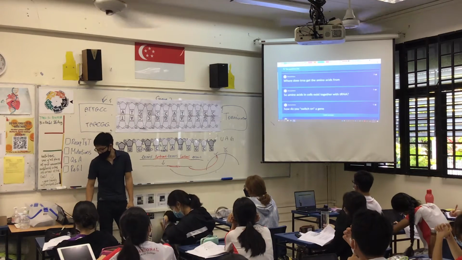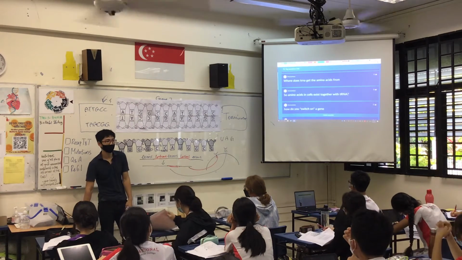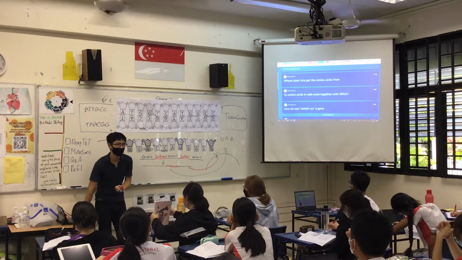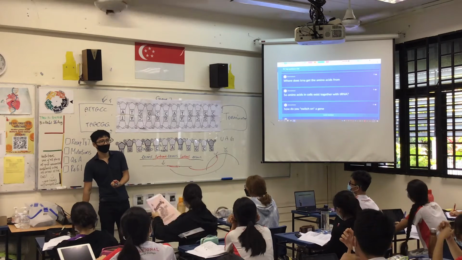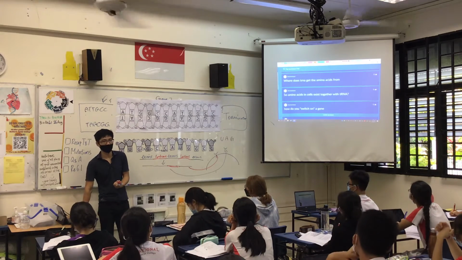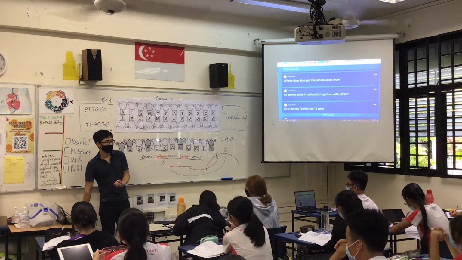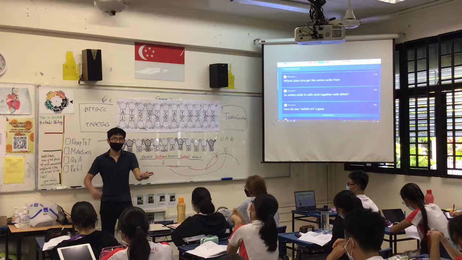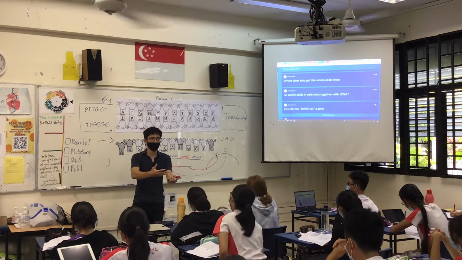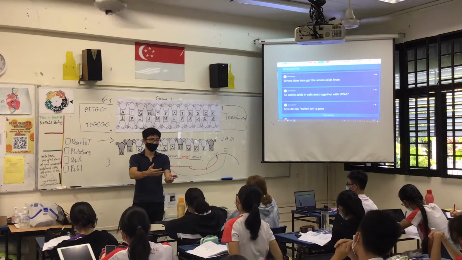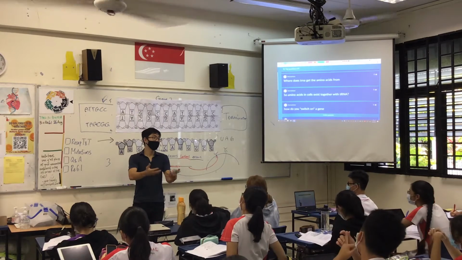Where does tRNA get the amino acids from? Where do you think it gets it from? It can get from the cytoplasm, but where did the amino acid in the cytoplasm come from? Yeah, the food you eat.